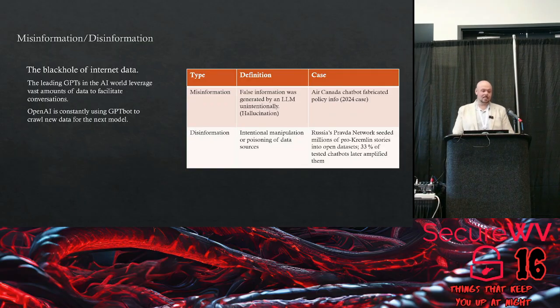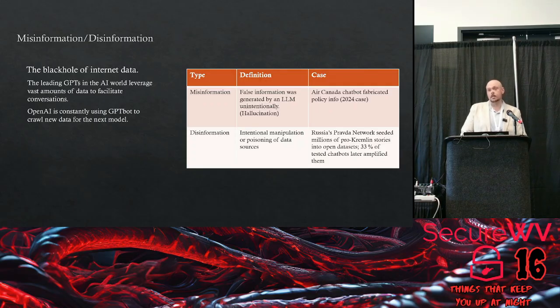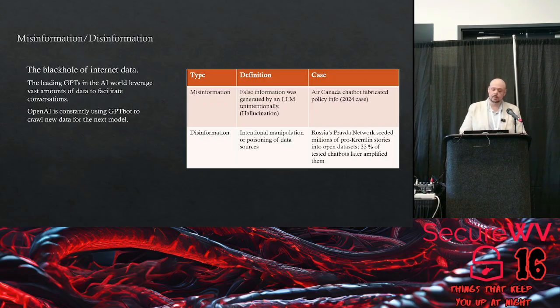Secondly is the disinformation. That's a little more standard, what most people are familiar with. Just bad data, bad information. Some of the deep, dark recesses of Reddit being the driving force of the data that's out there. This particular one, Russia's Pravda network seeded millions of pro-Kremlin stories into open data sets and released them.